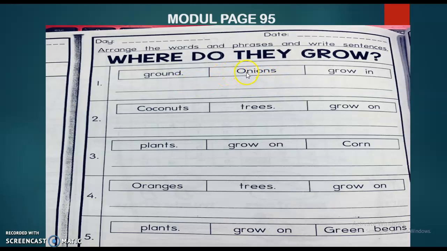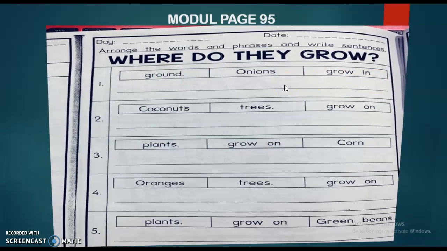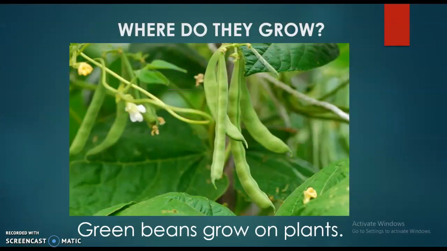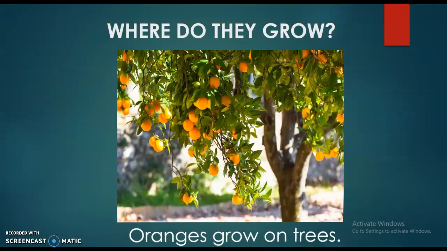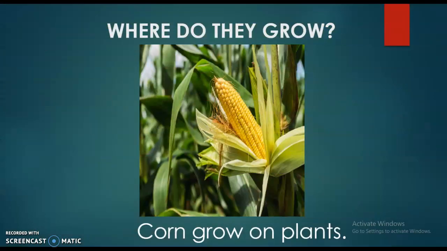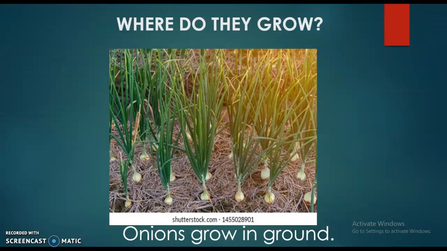Tak apa, kita tengok onions kan? Onions. So macam mana ayat dia? Adakah brown onions grow in? Ataupun adakah onions grow in ground? Ataupun onions ground grow in? Okay, cuba kita tengok balik onions. Macam mana ayat dia tadi? Onions grow in ground.